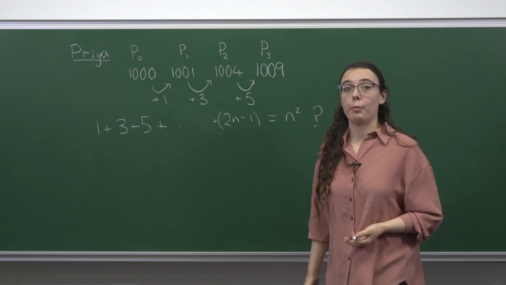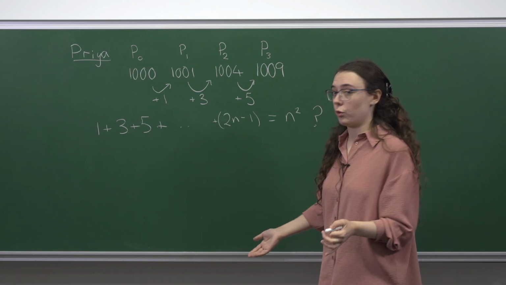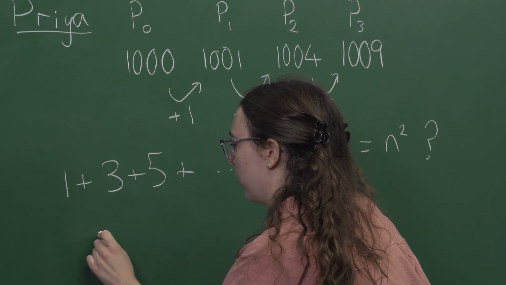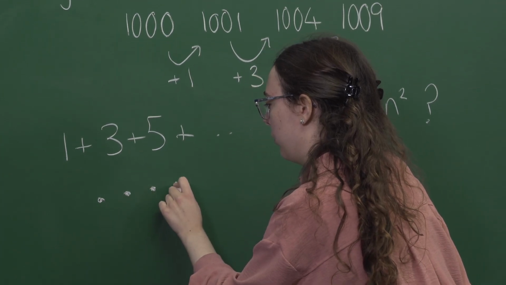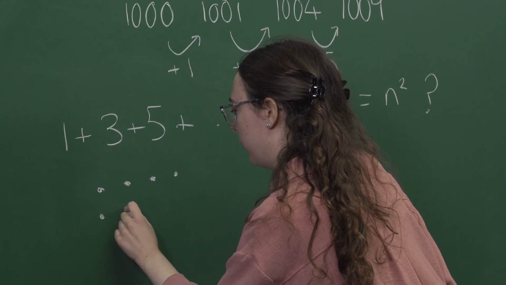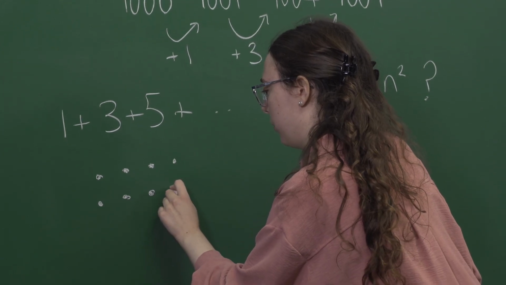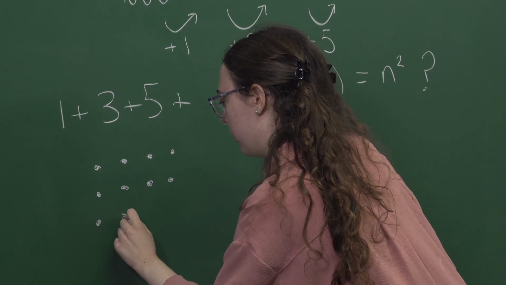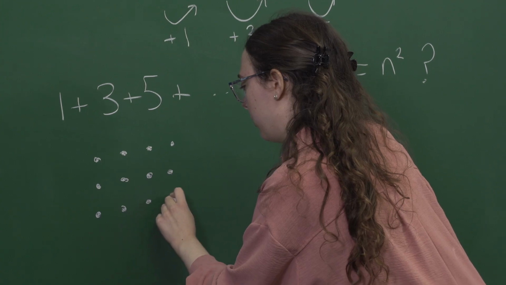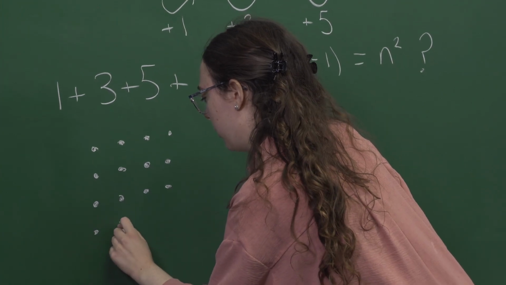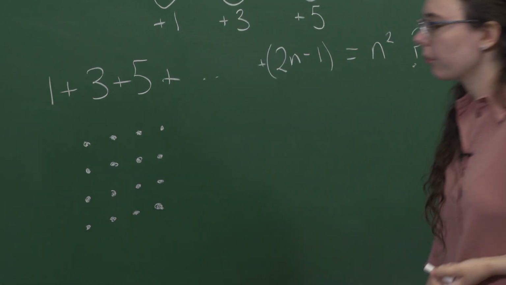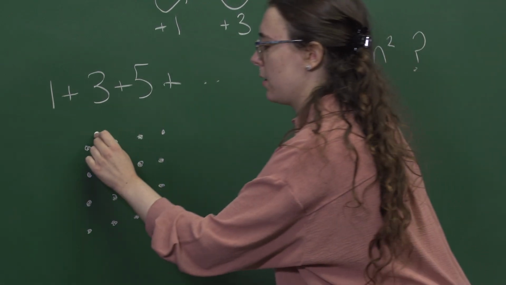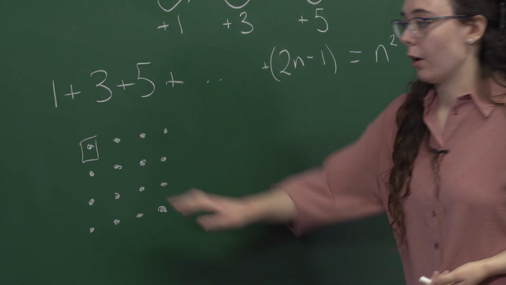So there are a few ways you can see this. One nice argument is geometrically. So if I draw a square, you can see that over here, I have one dot.